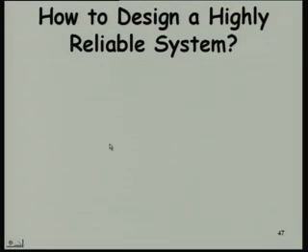But the question is, if you want to develop a highly reliable system, how do you do that? Let us not worry about hardware, because that is not our domain. As far as software is concerned, how do you develop extremely reliable software?